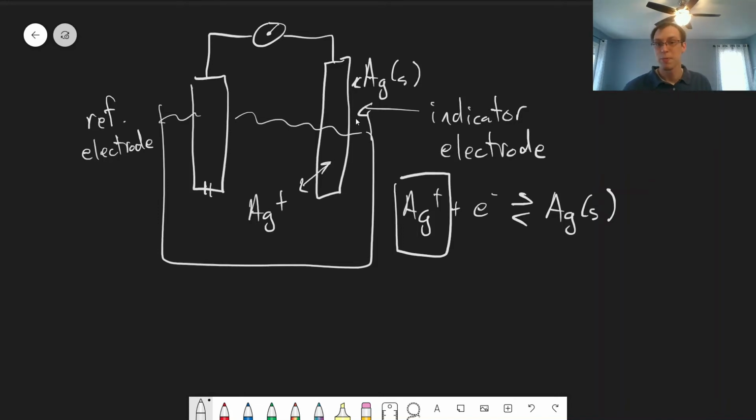We could do this with other metals. It doesn't have to just be silver. We can use other things. This doesn't work with all metals. One requirement, if you want your measurement to not take too long, is you want an equilibrium to be established pretty quickly on the surface of your electrode. And so some requirements here: you need a clean surface.